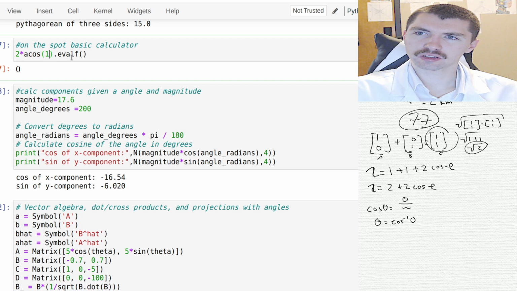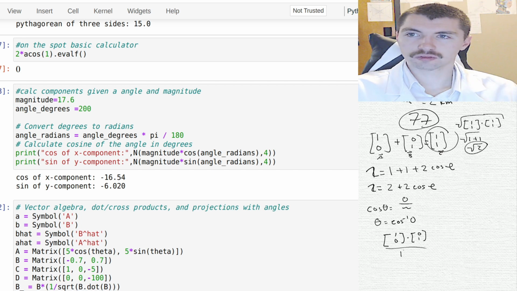I wonder if there's a way to get it to be 1. So I have a dot b over, 1 times 0 is 0 plus 0 times 1, 0. This makes sense if this cancels out. I need this to cancel out.